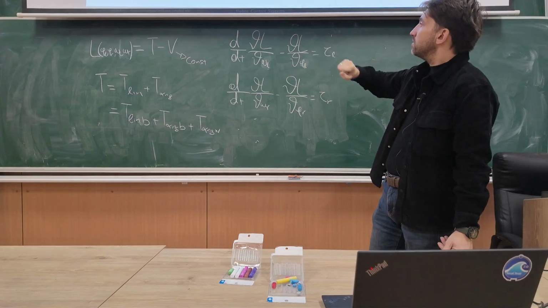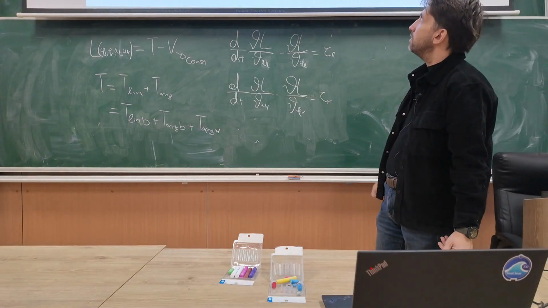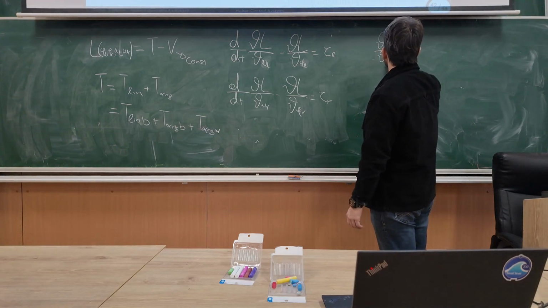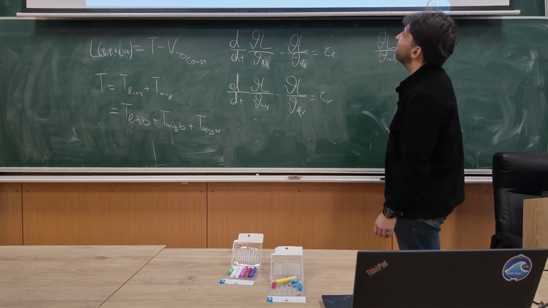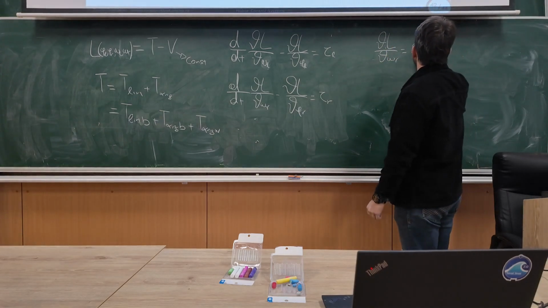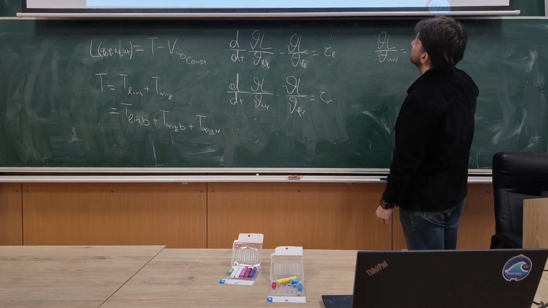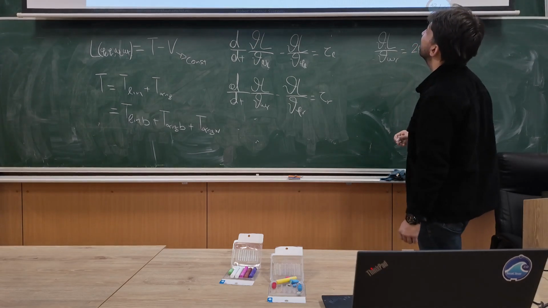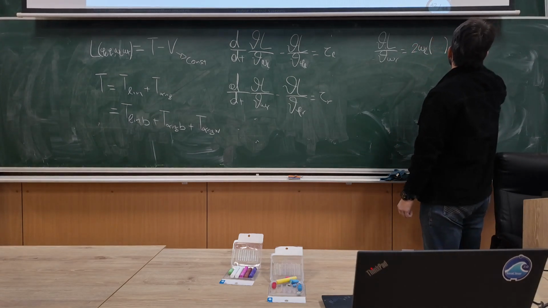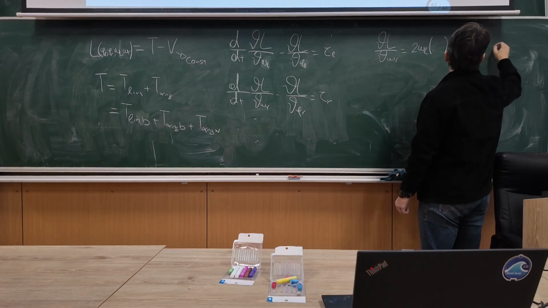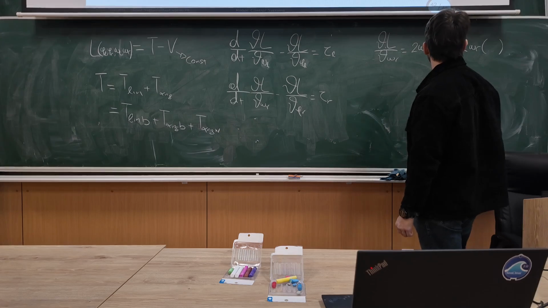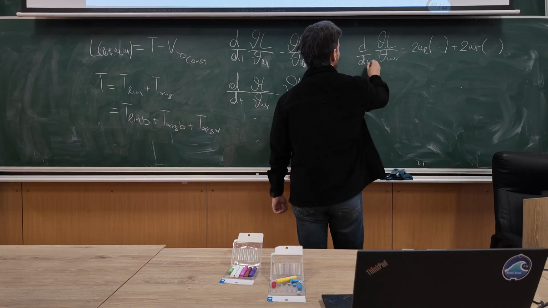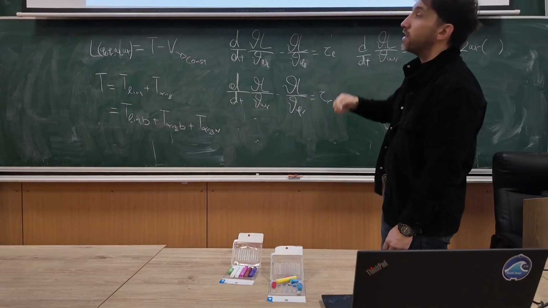What about the left side? Derivative with omega L. The first one is going to be 0. The second one is going to be 2 omega L and this constant. And that is going to be 2 omega L and 2 omega R and a constant. If I take the derivative of this with time, the constants don't change with time.